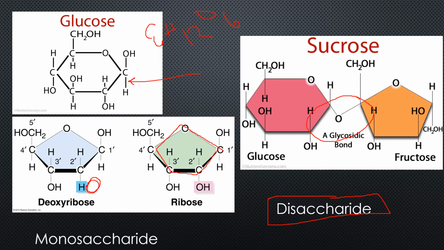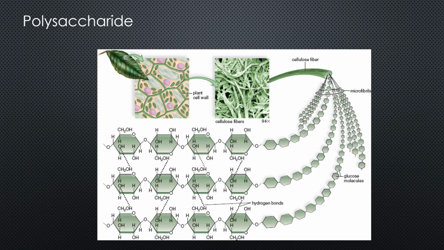So we took 2 monosaccharides, glucose and fructose, bound them together and made a disaccharide called sucrose. When we link those all together and have a polysaccharide, we get things like starch or glycogen.